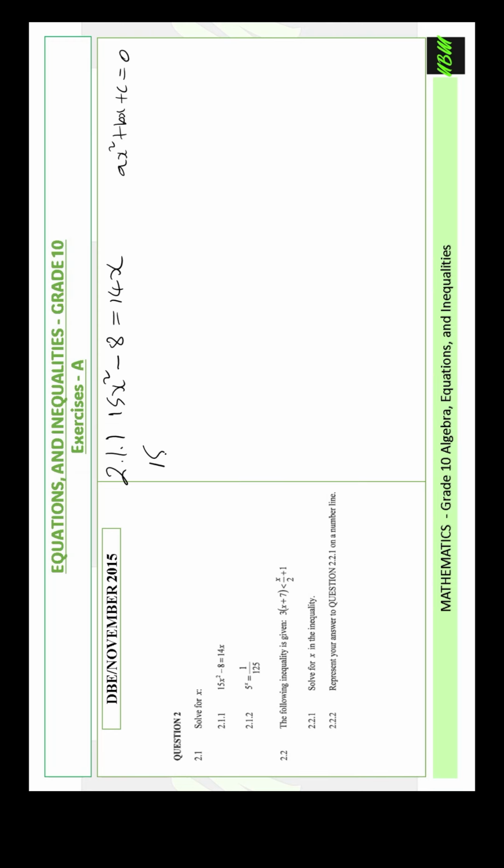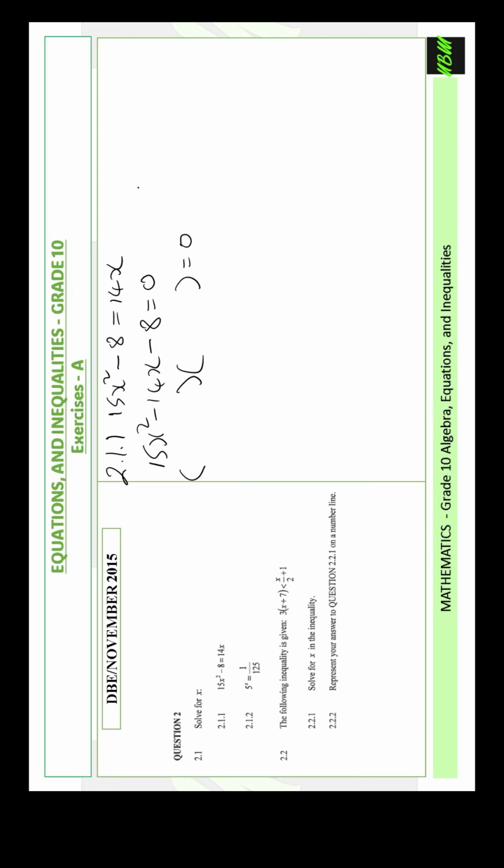So we'll have 15x squared minus 14x minus 8 equals 0. And we do not have any common factors, therefore we can have our two brackets for our factors equal to 0.